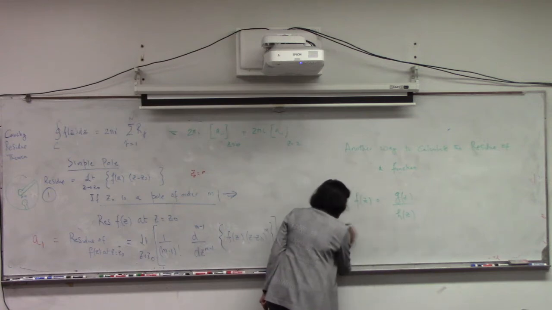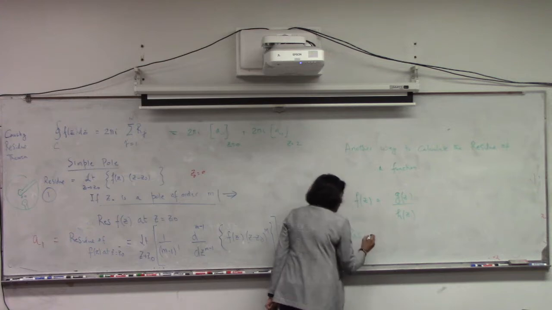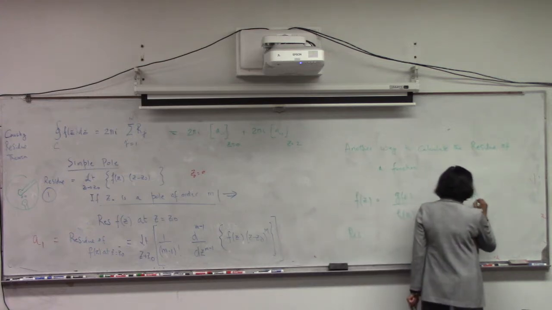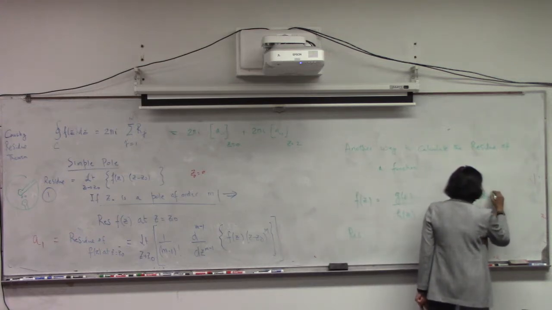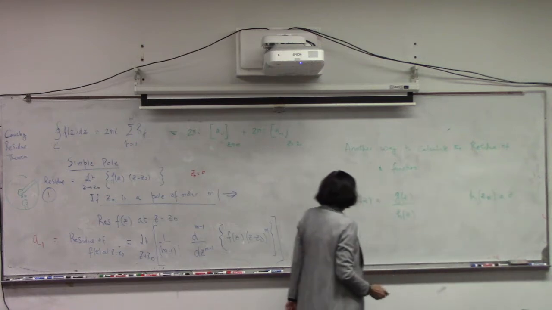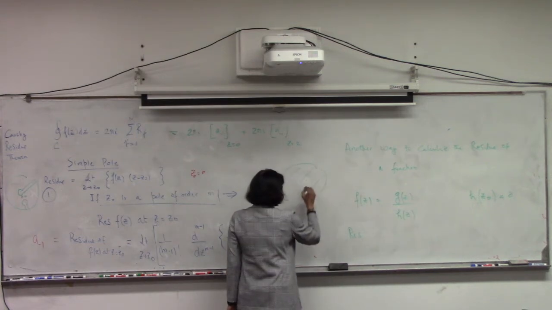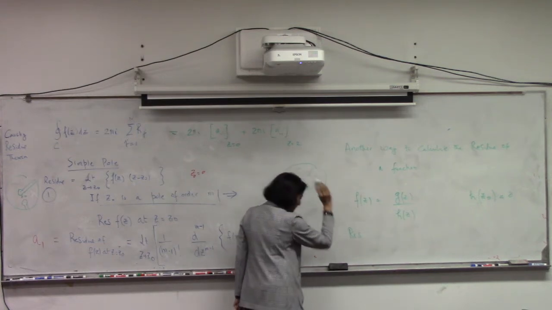So if you have such a function, what we know is that h at z equal to z naught is 0. And this is defined in some domain. It's a big domain, but h of z is 0 at some point.